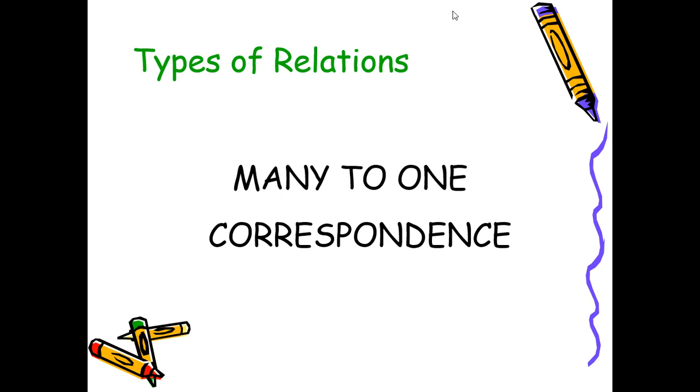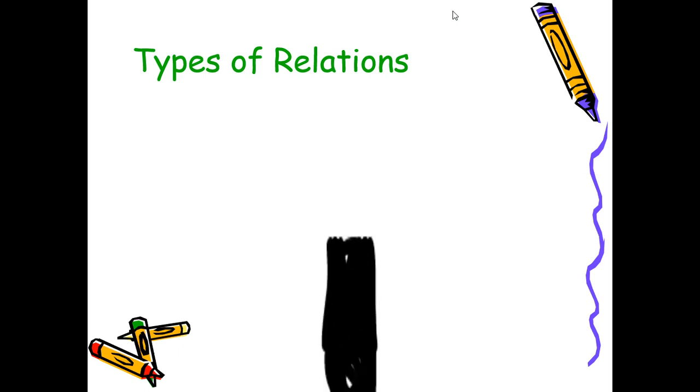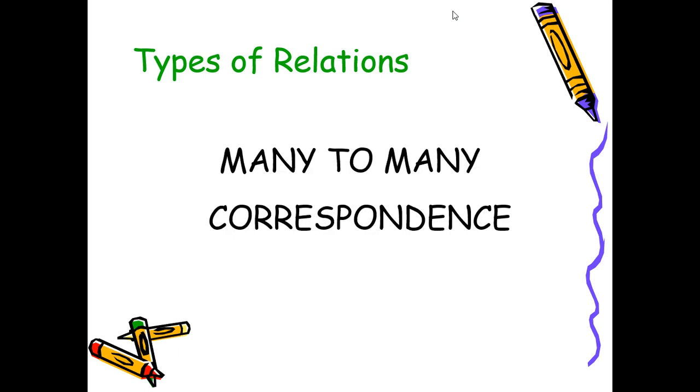And then the last relation is the many-to-many correspondence. Okay, ulitin ko po ha. We have four types of relations. We have one-to-one correspondence, we have the one-to-many correspondence, we have the many-to-one correspondence, and lastly, the many-to-many correspondence.